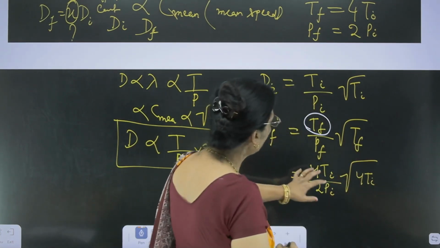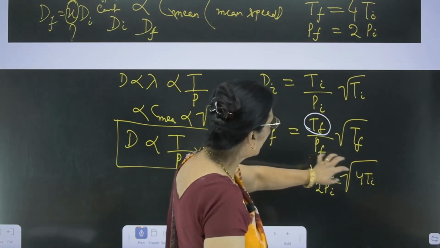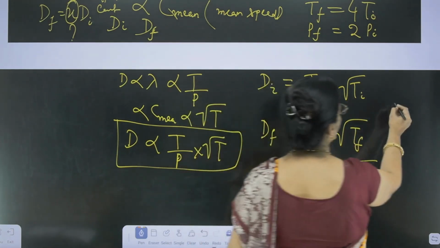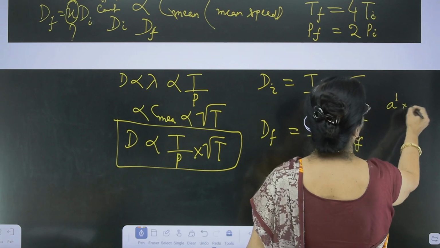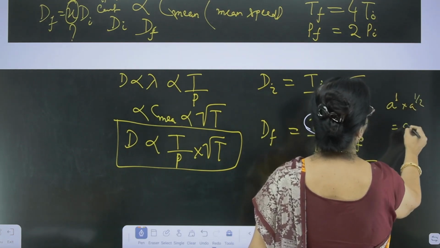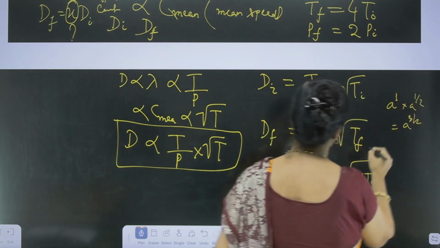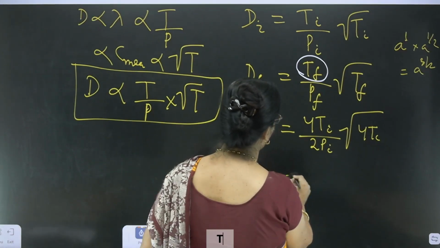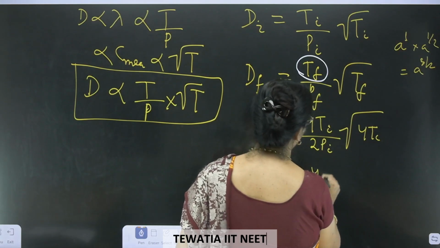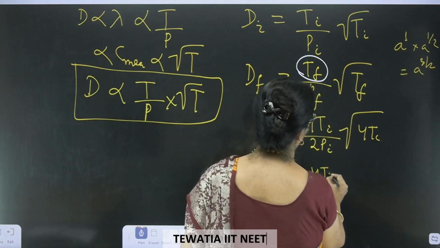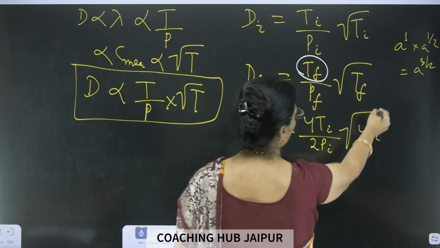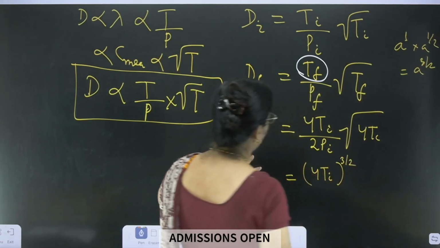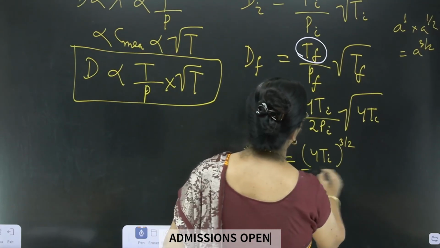Now here, suppose this is A and this is root A. So it will be A to the power 3 by 2, since A into A to the half is A to the 3 by 2. So we can write it as 4 Ti to the power 3 by 2, divided by 2 Pi.